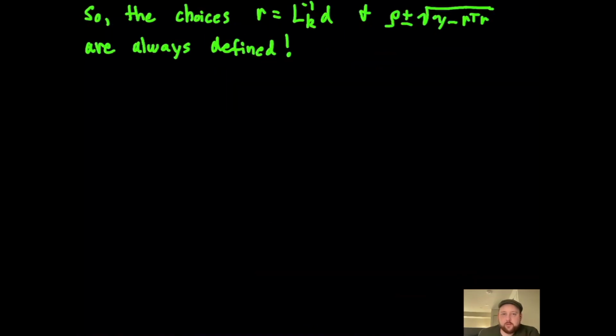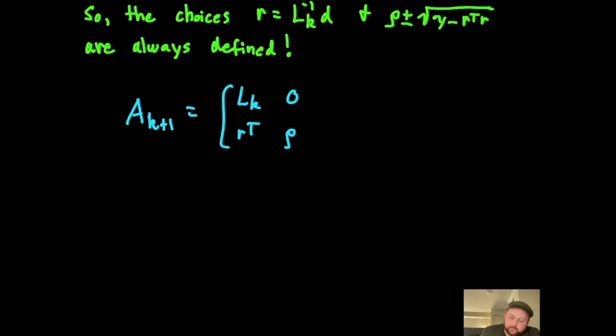Right, so we just showed that this choice of R, this vector R and the scalar rho, was always well defined. And so what this means is that, given that inductive hypothesis that we could always Cholesky factorize A_k, we know that there always exists this R and this rho such that A_{k+1} can be factorized as [L_k 0; R transpose rho] times the transpose of that same matrix.